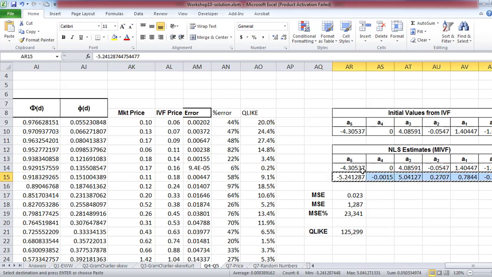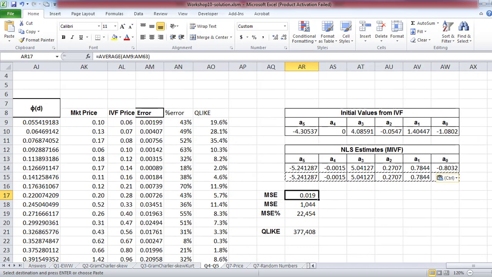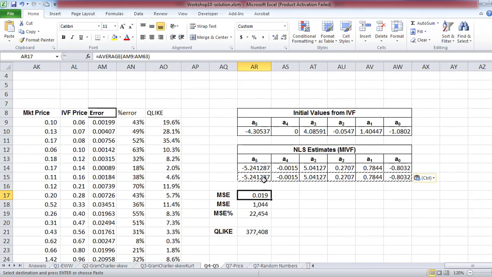My guess is if I put these values in here, it's going to be lower, right? This is after I run Solver. So here you have to run Solver and modify by changing these parameters. You see that these are two different things. The first one is a linear regression. The second one is using Solver so that I minimize an error. If you're curious, here I have percent error.